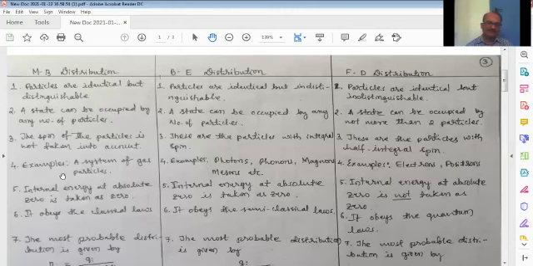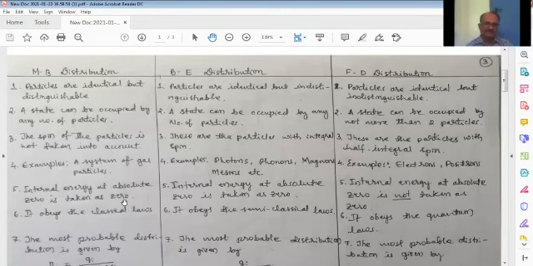Next, examples are: a system of gas particles is the best example for the Maxwell Boltzmann distribution, and the internal energy at absolute zero is taken as zero.